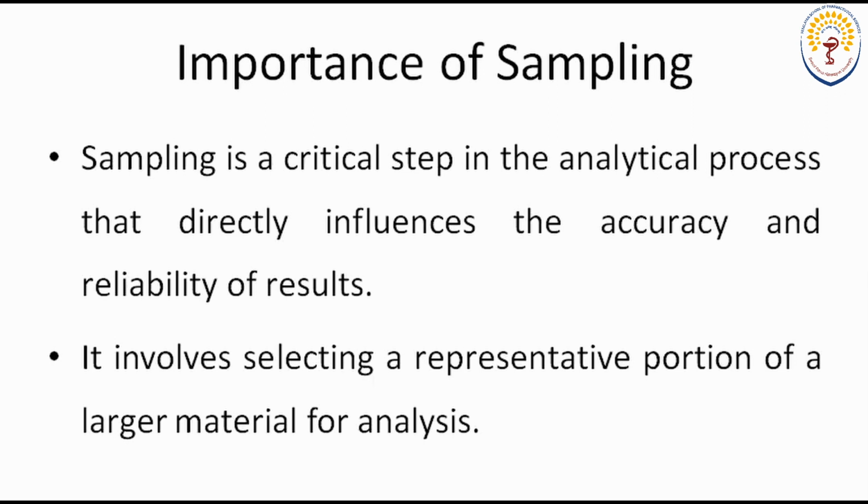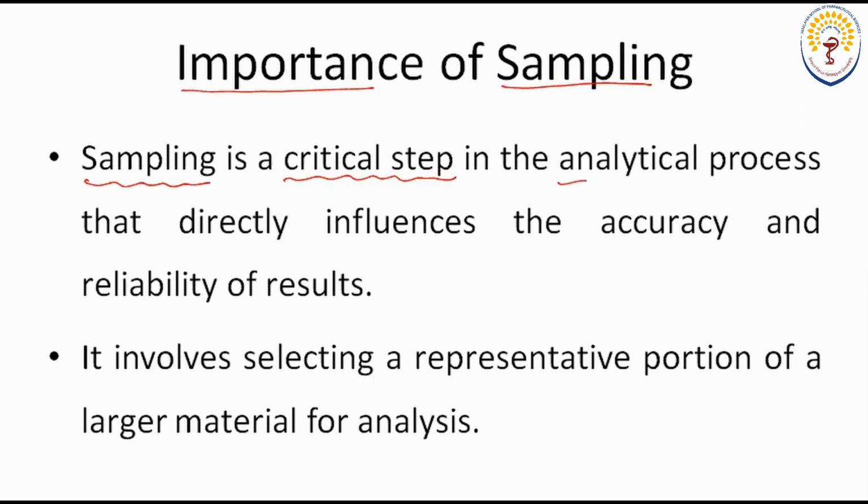So we first need to understand the importance of sampling. Sampling is a very critical step. It's a very important step because a lot of things, even the result of the analysis, depend upon how you perform the sampling.